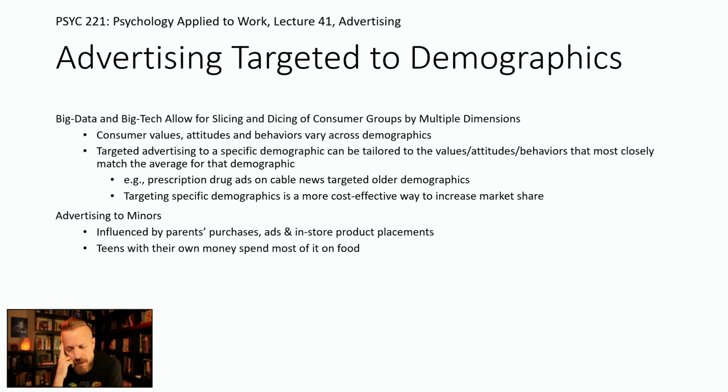When they're buying clothes or electronics or what have you, that's often their parents' money. So if you're doing advertisements directly targeted towards minors, and you're trying to get them to actually part with their money, you'd better make sure that whatever you're selling is stuff they actually buy. And if not, then you might have to look at that ad campaign a little differently to figure out how to get them to get their mom to give the money so that they buy the shoes or what have you.